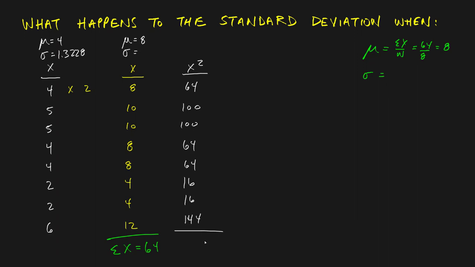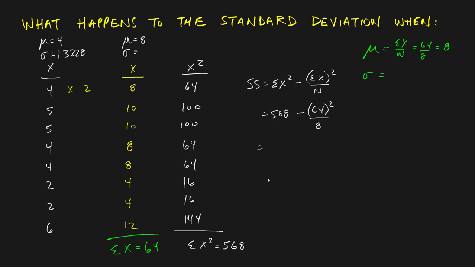All right, so I have to add these up. That will give me my sum of x squared, and this comes out to be 568. Okay, so that's going to help me get my sum of squares. My sum of squares is the sum of x squared minus the sum of x in brackets squared over n. And I've got 568 minus, in brackets, the sum of x, so that's 64 squared over 8.